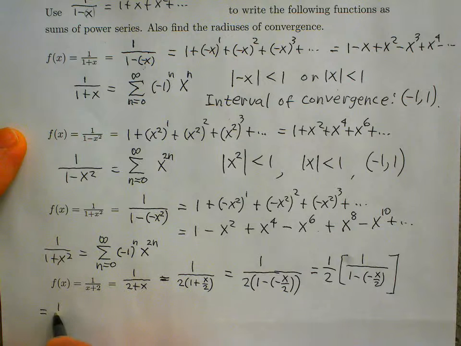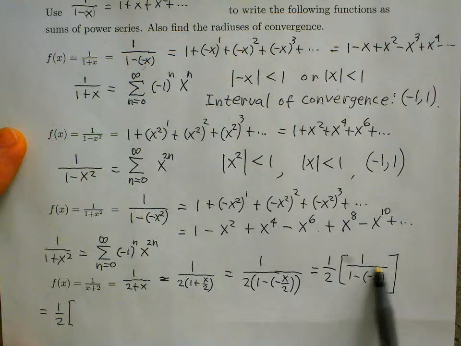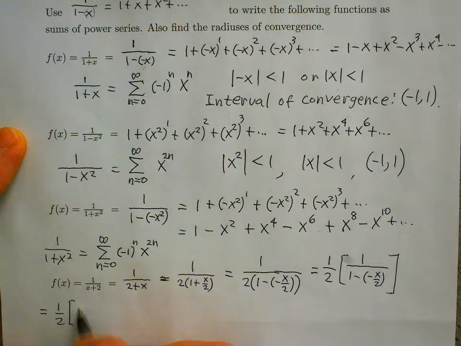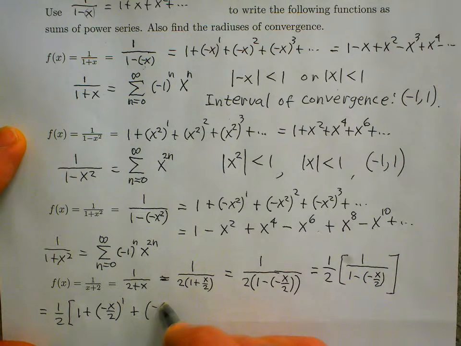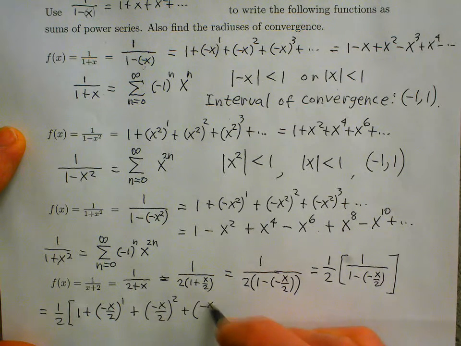So we have 1/2, and then the power series representation for this, 1 over 1 minus some expression in the variable x. We'll have 1 plus the term negative x over 2 to the first, plus the term negative x over 2 to the second, plus the term negative x over 2 to the third, and so on.